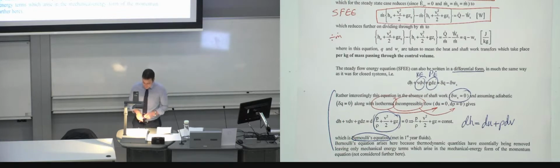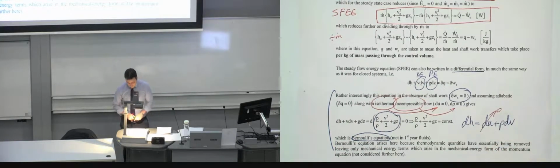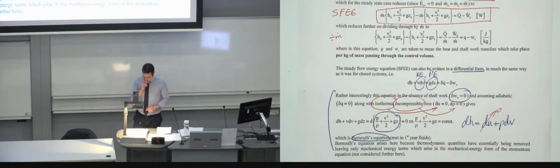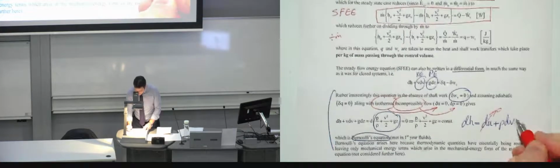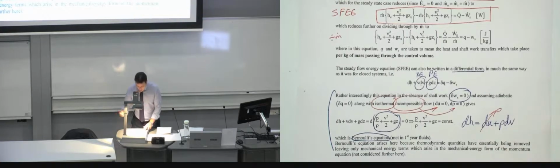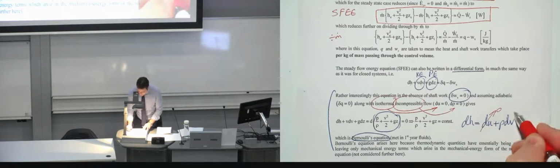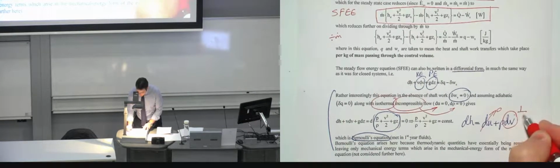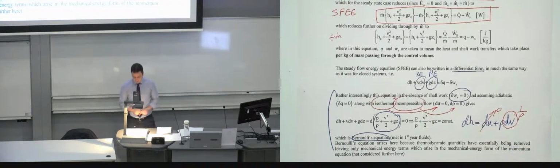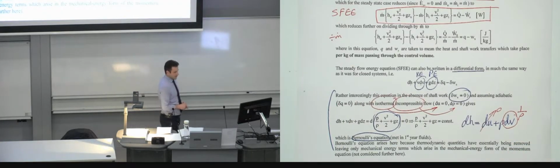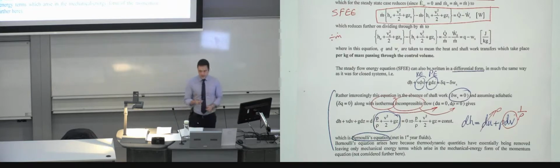Because we're saying that this is an isothermal problem, that means that du disappears. And because this is incompressible, the specific volume is not going to change, and that could be written as 1 over rho, because the specific volume is really the inverse of the density.